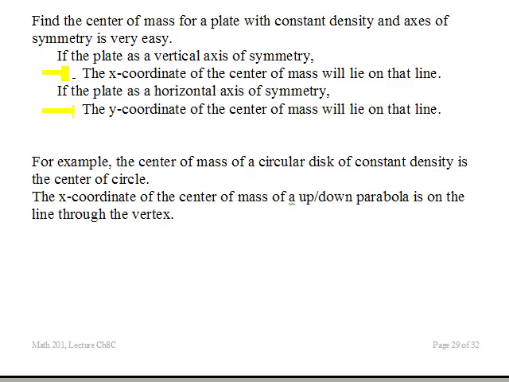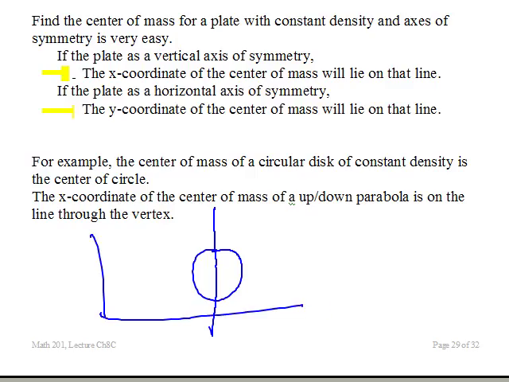So for example, if you have a circle, here's x and y, and here's my circle. It has a vertical axis of symmetry, so the x-coordinate of the center of mass is located on that vertical axis of symmetry.